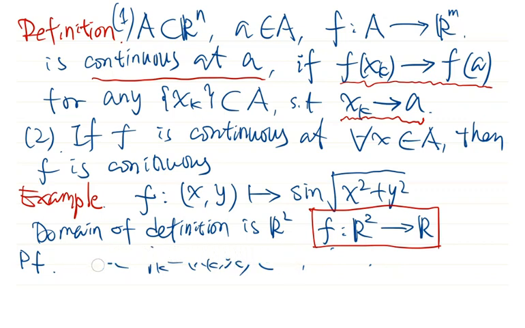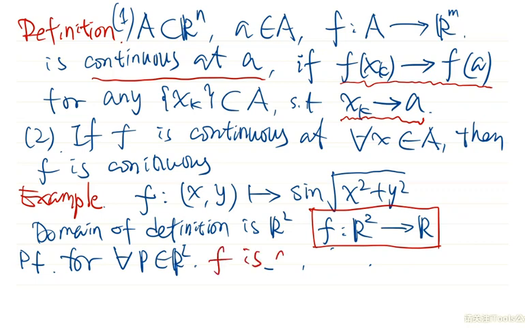We need to prove that for every point in R^2, the function is continuous at that point. So for any p in R^2, we want to prove that f is continuous at this point p.